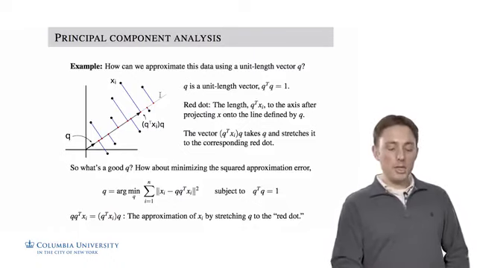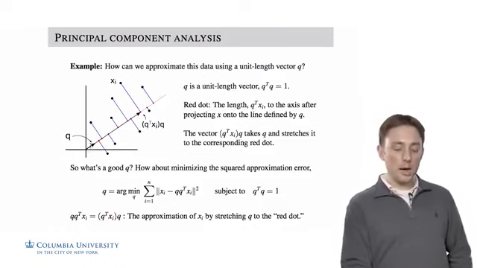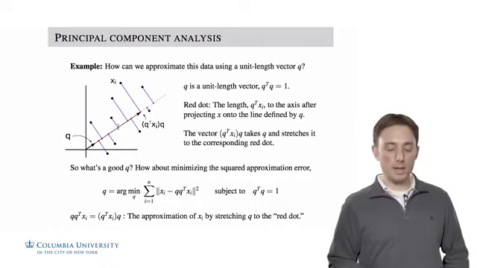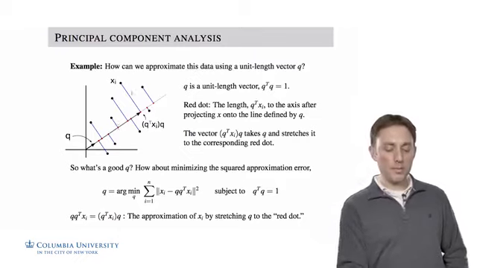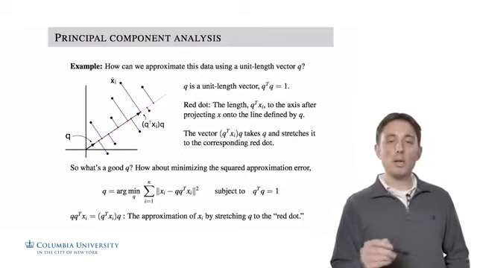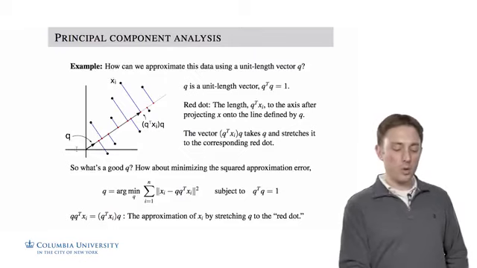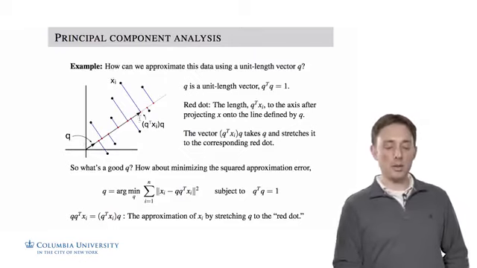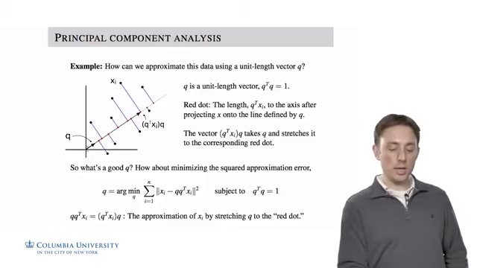Now we want to take each of these points and represent it by the amount that we have to stretch q to get to the red dot by dropping that line. So for example, we're going to take this 2-dimensional vector and represent it by 1 number. It's the number that we have to multiply q by to get it to stretch out to this red dot here, which is the closest we can take q and get it to the point xi.